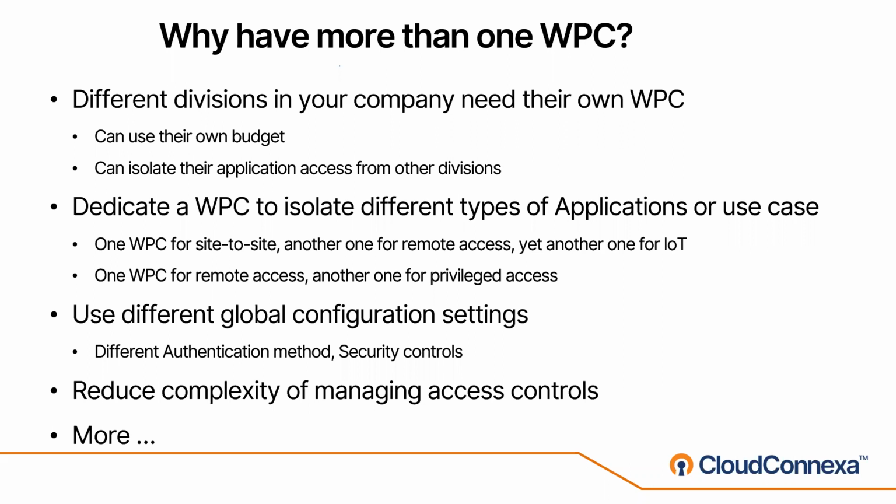So for site-to-site private networking, you can dedicate one WPC for it. Then you can create one WPC for remote access. That's where all your users get authenticated and get access to applications. And then you might want to isolate your IoT network from these other two and dedicate one WPC just for IoT networking.